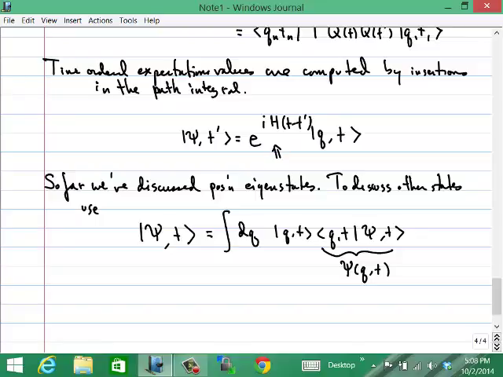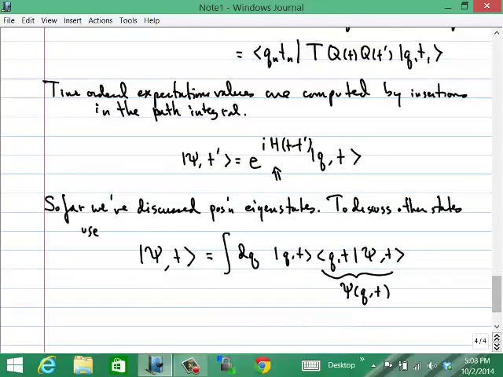So for example, if you want to compute the transition amplitude between one arbitrary state given by some wave function and some other arbitrary state given by some wave function, you would need to compute the path integral I've given you up above, and then integrate over the initial and final boundary conditions in order to set the state equal to some arbitrary initial state, psi initial, and some final state, psi final.